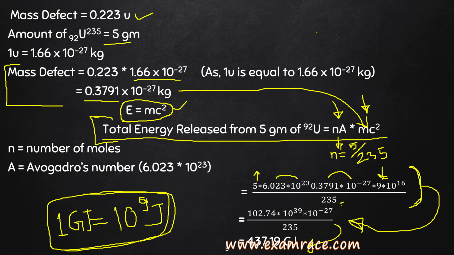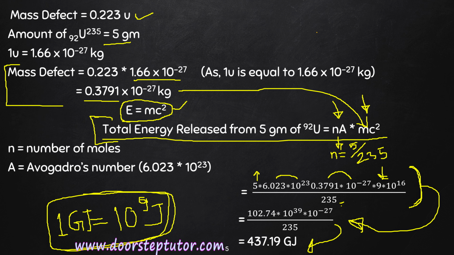To get the mass defect, we'll multiply 0.223 into 1.66 into 10 power minus 27. So the mass defect is 0.03791 into 10 power minus 27 kgs, and to calculate the energy from one atom, we'll use the formula E equals mc square.